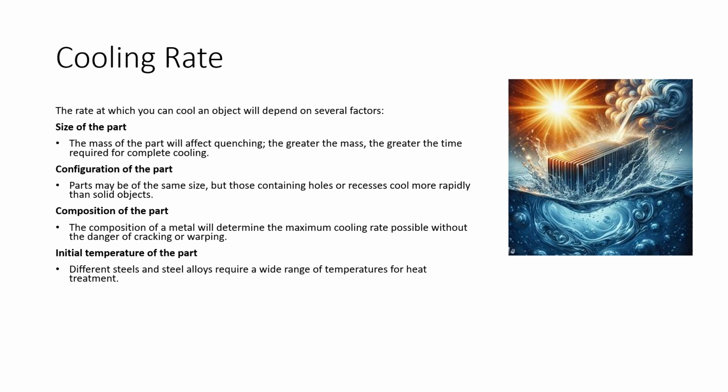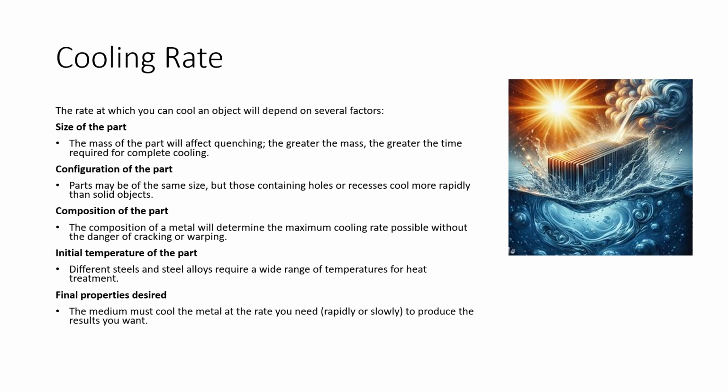Different steels and alloys require a wide range of temperatures for heat treatment. What do we need to do? What are we trying to get accomplished? What are the mechanical properties that we're looking for in the end product? And it gets back to, what are our final properties desired? Hardness, strength, ductility, toughness. What are we looking for in these parts?